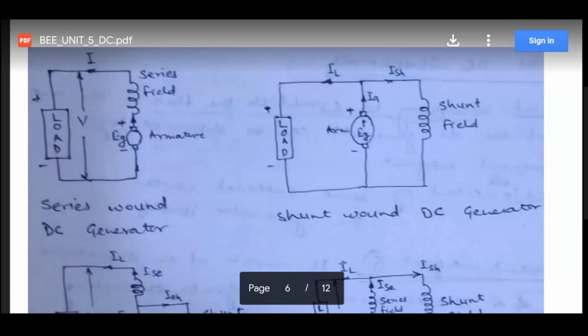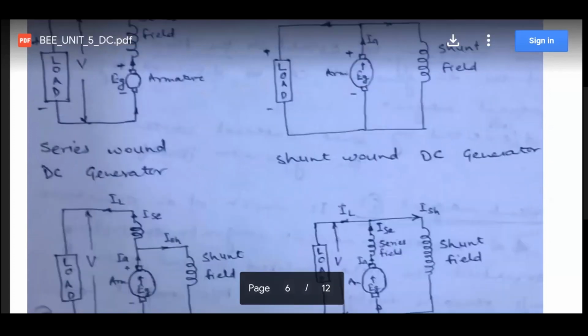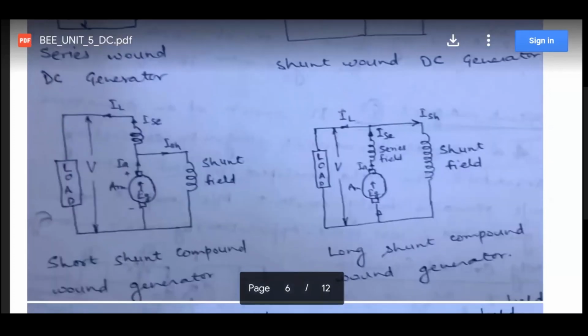Now it is shunt wound. Here the shunt field, or the field coils, are in parallel. In the compound wound, I have just told you that it is the combination of series winding and shunt winding. So if the series winding is small and shunt winding is more, it is a short shunt compound wound machine, as shown.